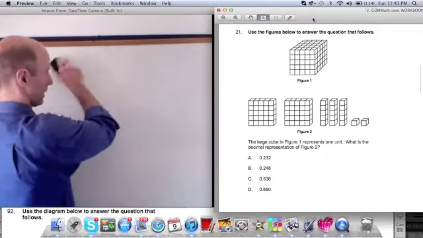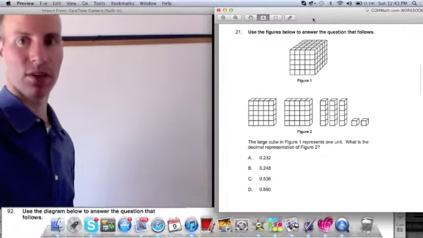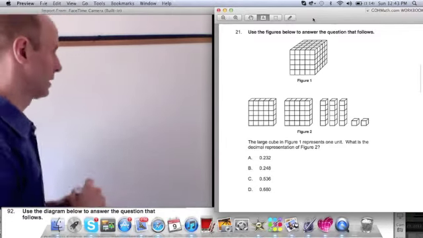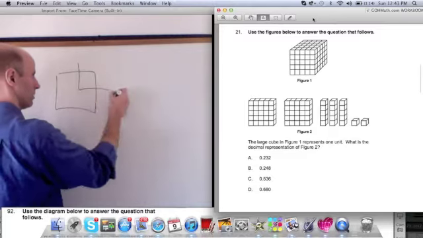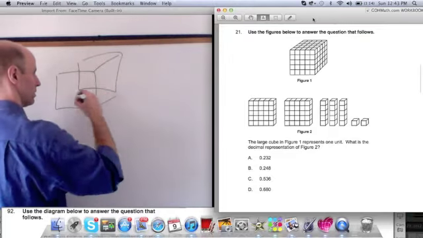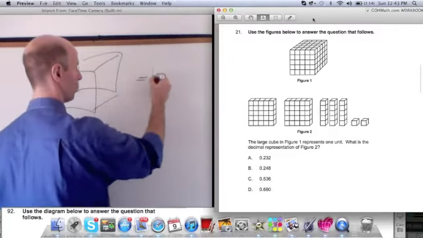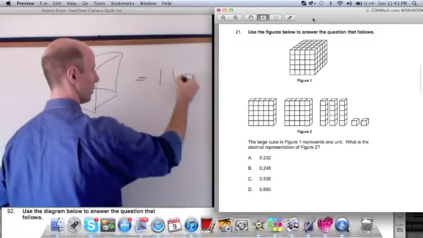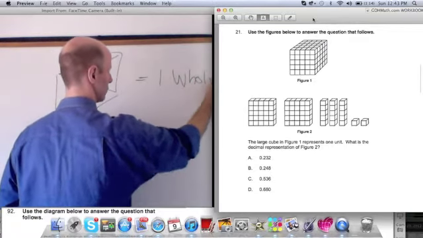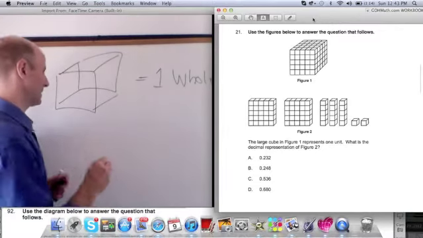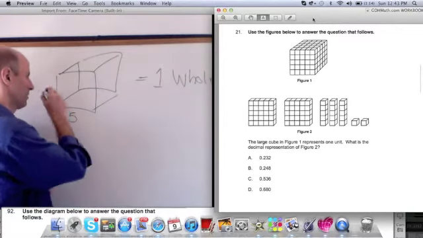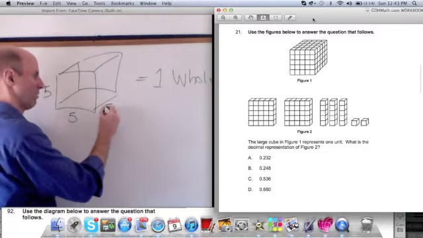So I look at the picture, and it tells me that figure 1 represents 1 unit. Which means this shape is going to equal 1. Well, let's just say 1 whole. That's our whole there. And it's got sides of 5 by 5 by 5.